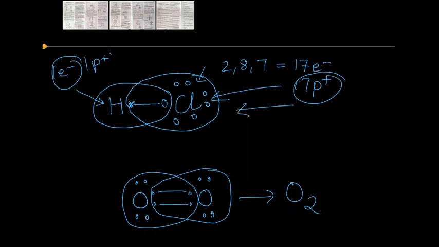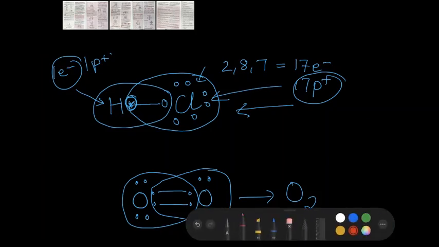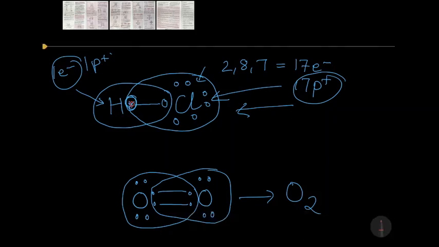As a result, this electron of hydrogen will be pulled more towards chlorine because it has 17 positive charges. So it develops a very small positive charge, known as delta positive, and chlorine develops a very small negative charge, known as delta negative.